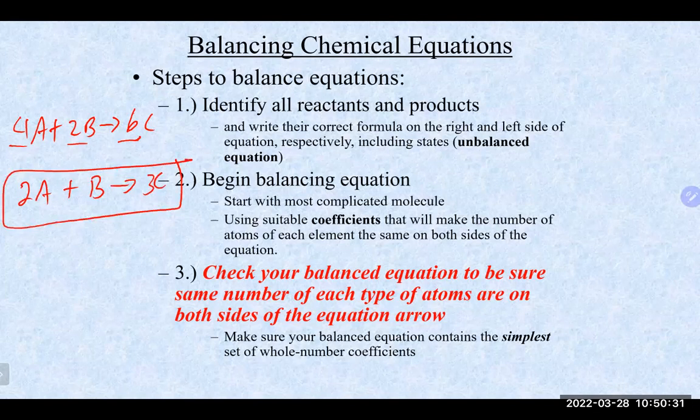This occurs a lot because sometimes people use larger numbers to balance. So after you make sure all the coefficients are whole numbers, make sure you can't reduce everybody by a common number and still have whole numbers when it's all said and done. Any questions on that?